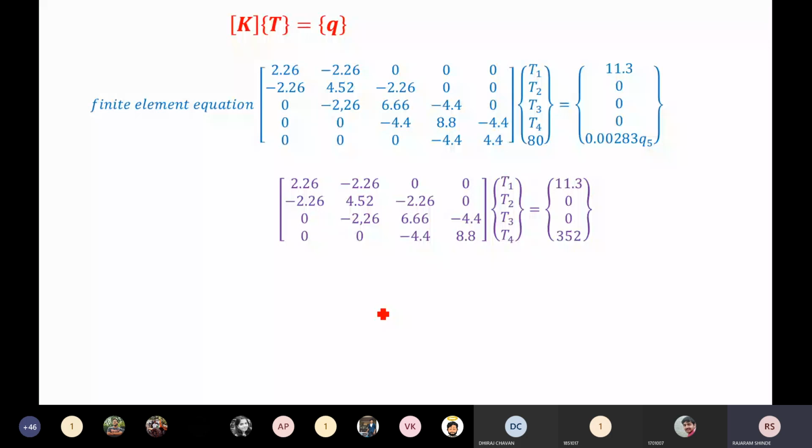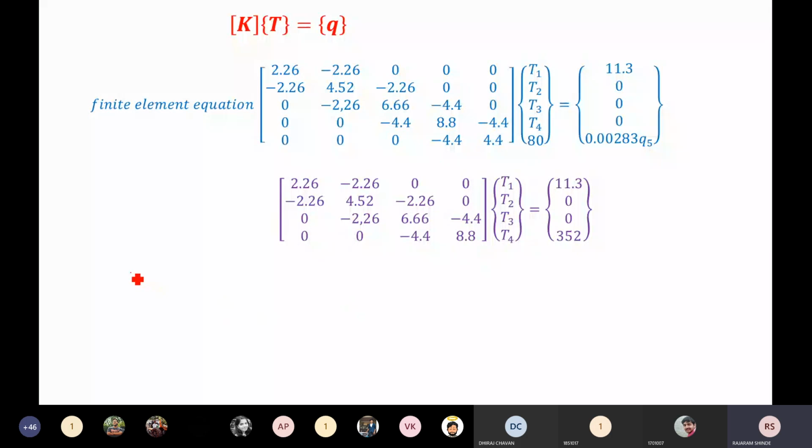Now see here, don't go for Gauss elimination method because it will not become 0. First this term should be 0, otherwise it will not make this term 0. What you have to do, you write the fourth equation.